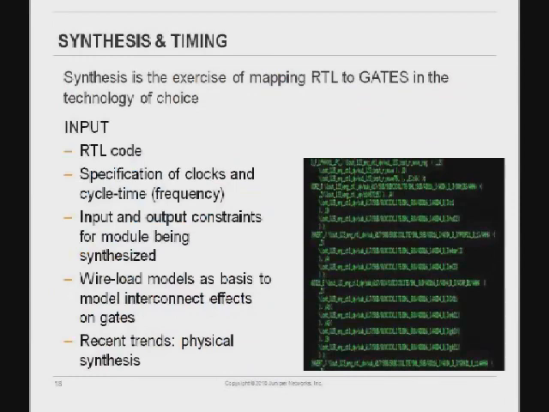And this is the step where we move the RTL, the register transfer language, into gates. If you want the equivalent of C, these are the machine languages. The inputs into the synthesis tools are the RTL code, the specification of what clock frequency you need, and also what kind of wiring you expect.